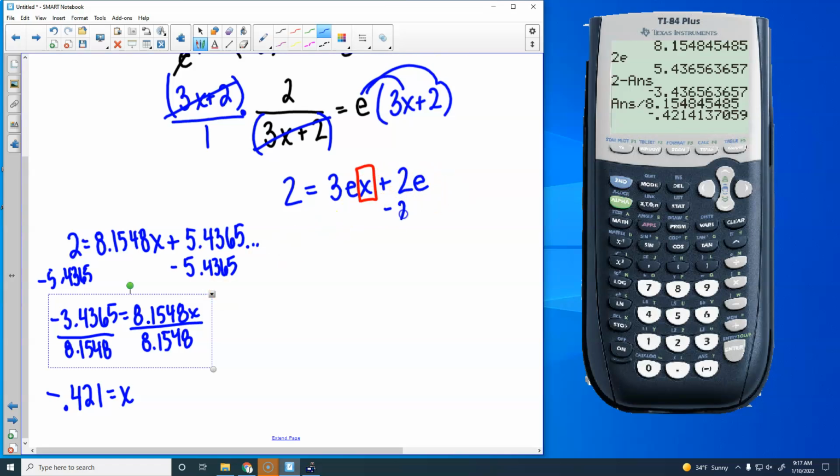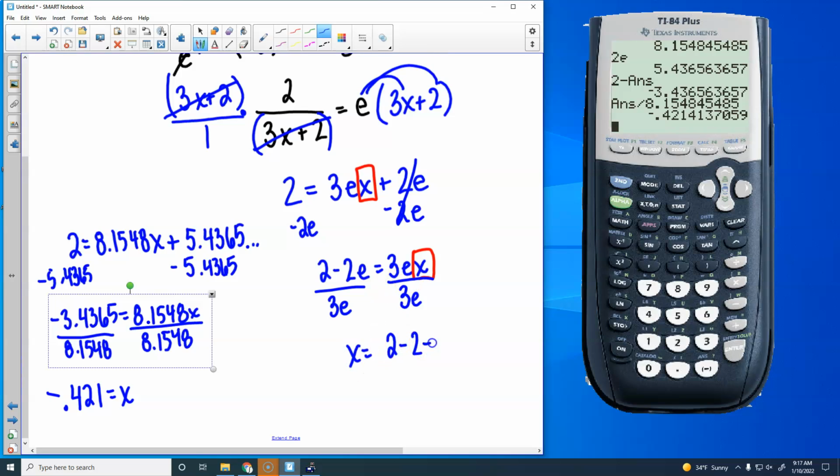So I do minus 2e from both sides, so I get 2 minus 2e equals 3e times x, and then again I'm trying to solve for that x, so I'm going to divide by 3e. So the answer key gives the answer as 2 minus 2e over 3e.